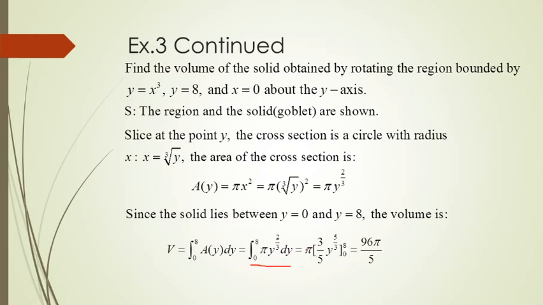You can keep the constant pi outside, then from 0 to 8. Then finally you get the answer, 96 pi over 5. You can review this evaluation of the definite integral and work out this calculation part by yourself after class.